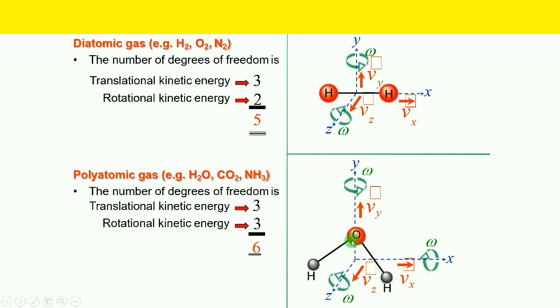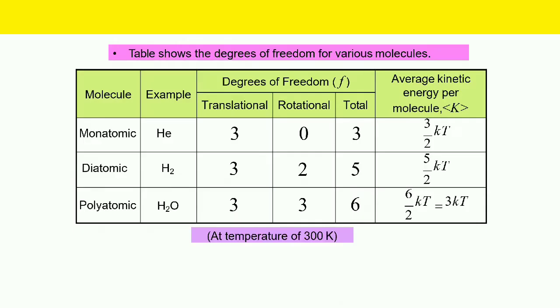These are 2 H atoms and 1 O atom, so we consider a structure of two dumbbells. Again there are 3 translational degrees of freedom along XYZ, and the possible ways of rotation are along the 3 axes X, Y and Z. So 3 rotational degrees of freedom, making the total number of degrees of freedom 6. So 6 degrees of freedom for polyatomic gas.